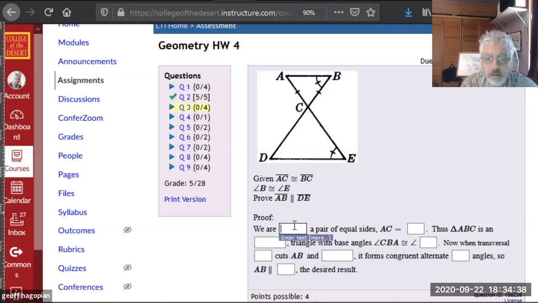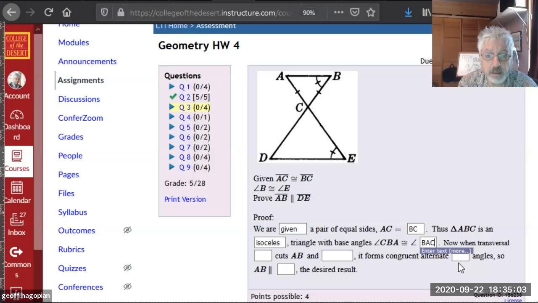We are given, right, a pair of equal sides, AC congruent to BC. That's just reading comprehension. Thus, triangle ABC is an isosceles triangle with base angles CBA congruent to CAB, or you could say BAC.